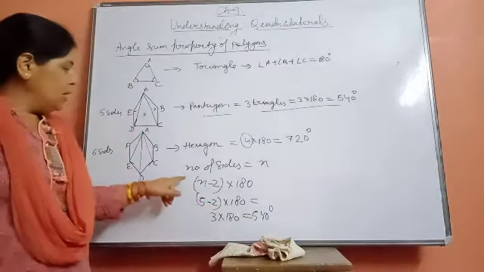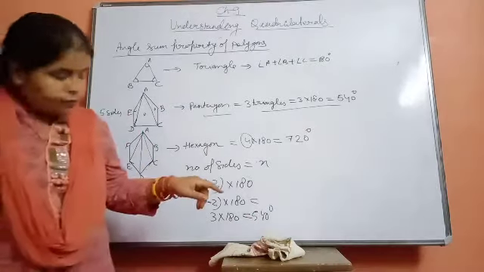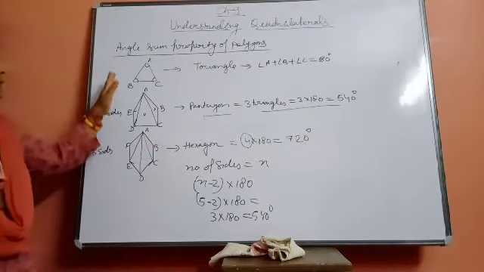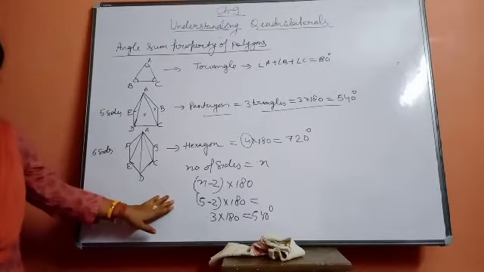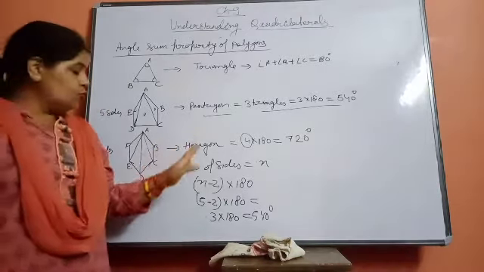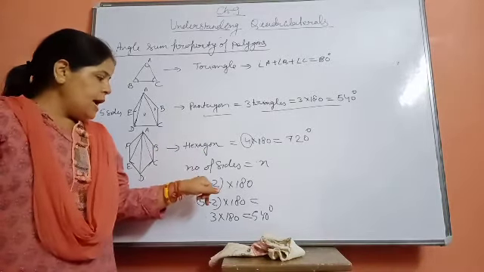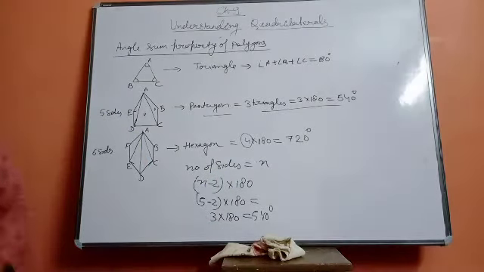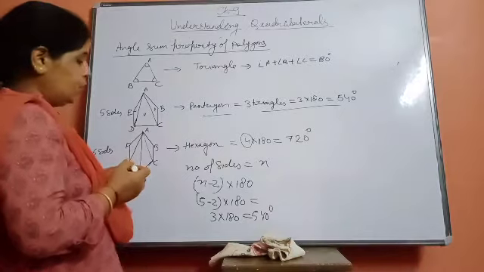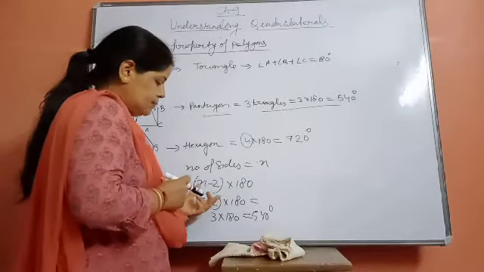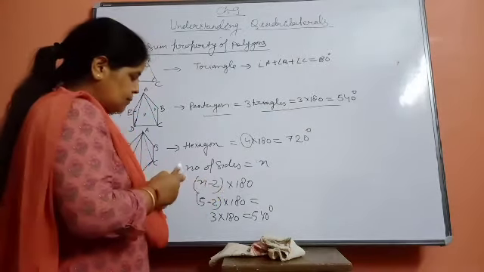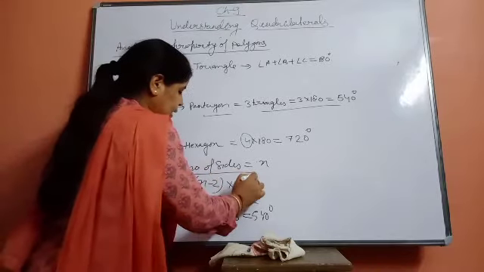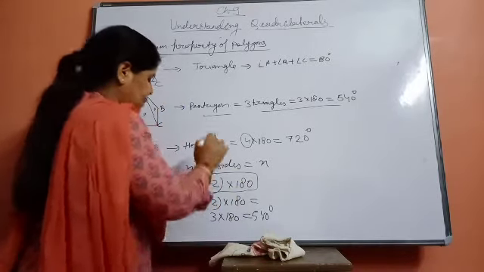So if we would like to calculate the angle sum of a given polygon, which formula will we apply? n minus 2 into 180. This is the formula for finding the interior angle sum of any polygon.